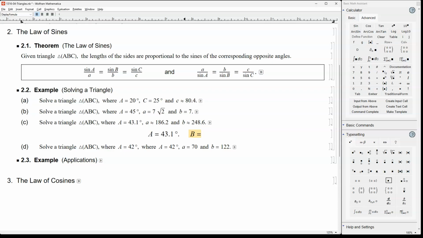B is, okay, that's unknown. C is, okay, that's unknown too, right? a is 186.2. b is 248.2. c is unknown.